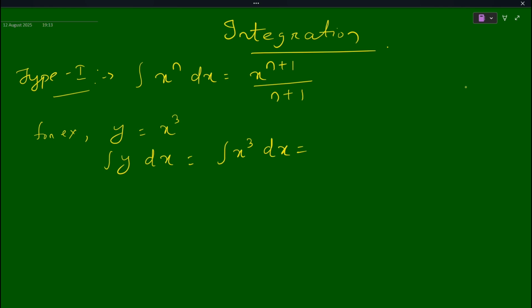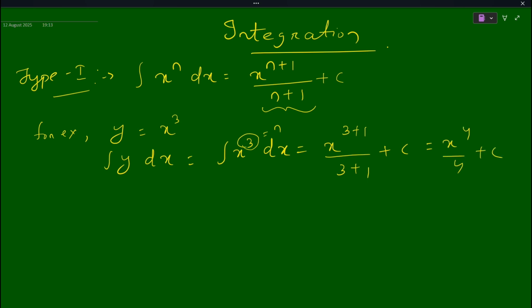So what is the value of n? n is equal to 3. By applying the formula, it would be x to the power n plus 1 by n plus 1, and as it is an indefinite integral, we will add a constant c. So this is x to the power 4 by 4 plus c.